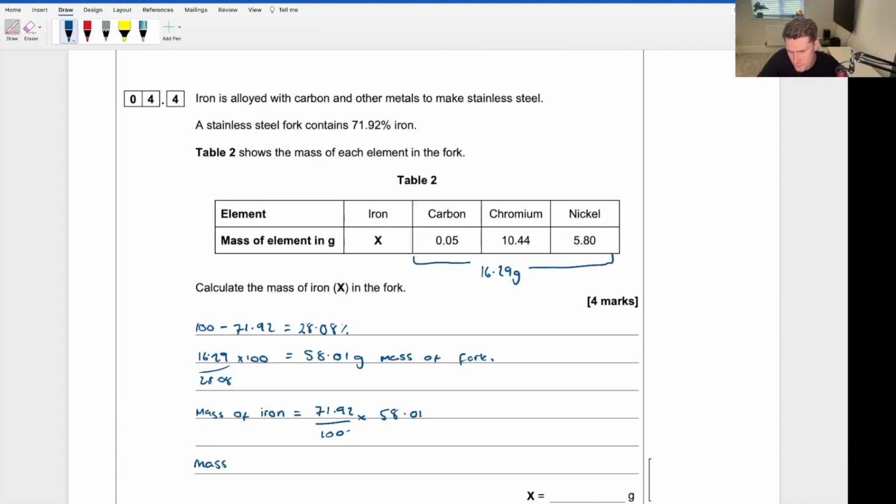So mass of iron is 41.72 grams. Just quickly check if it asks for any particular decimal places. Nope, so 41.72.